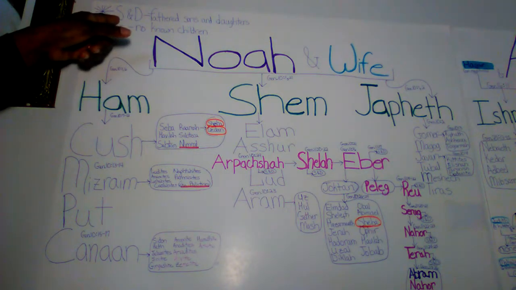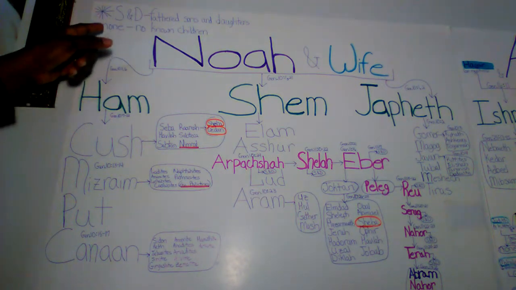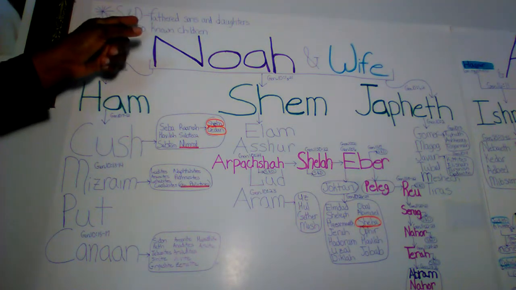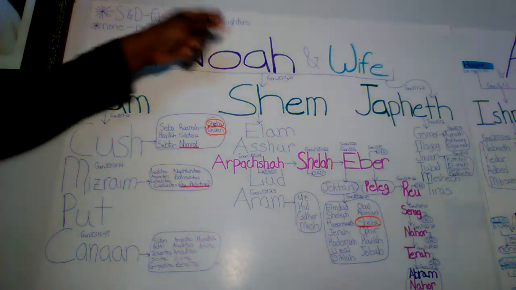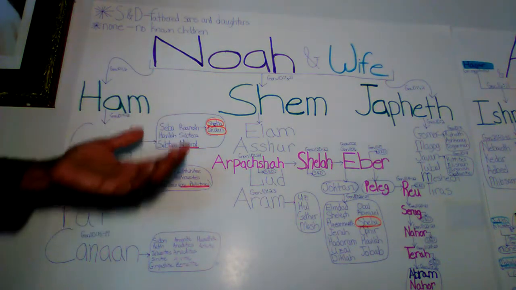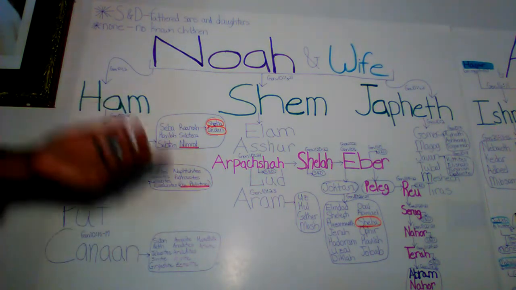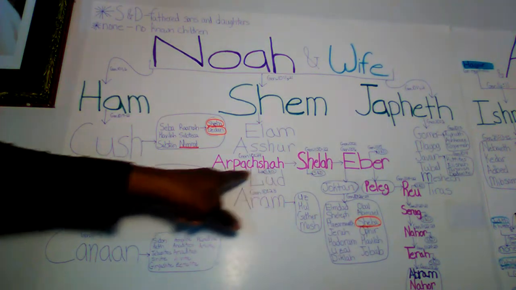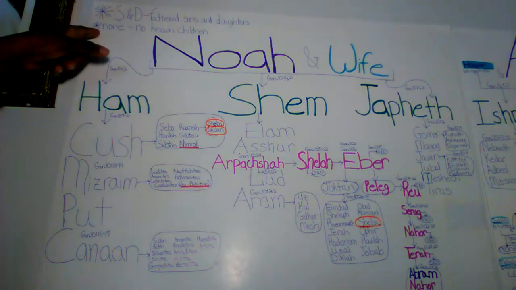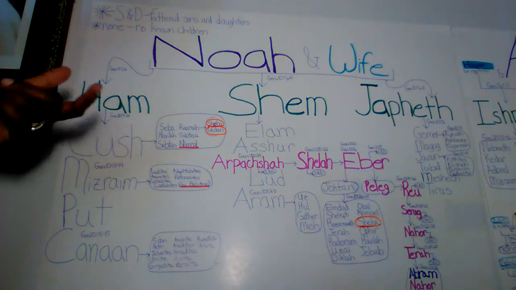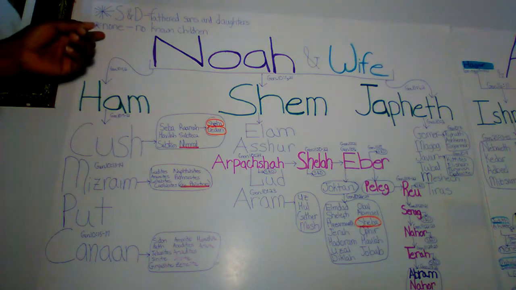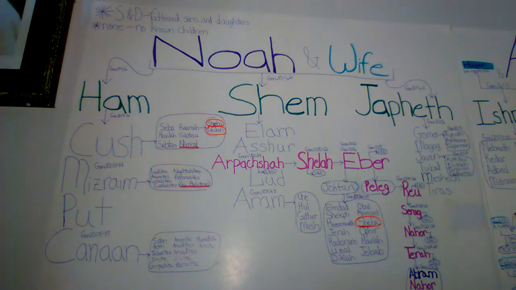Wherever you see S and D, I'm just making a statement that as far as we know, it just says they fathered sons and daughters, but we may not know specifically the sons' and the daughters' names, like you'll see right here for Pakshai. Here, I put asterisk none for those where I haven't run across yet, rather, where they fathered any known children.